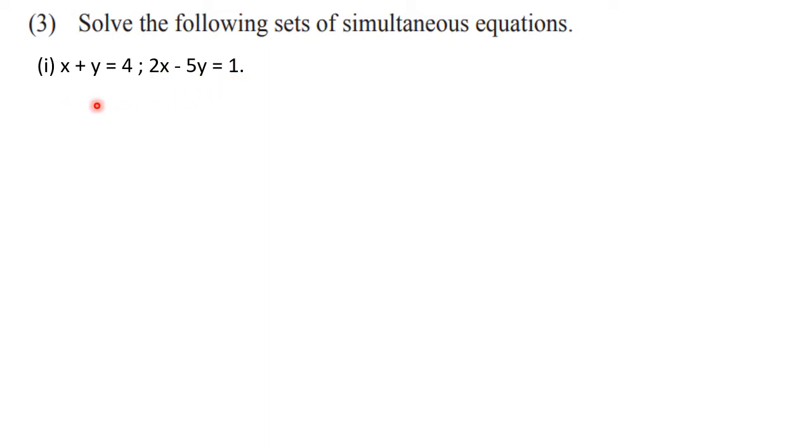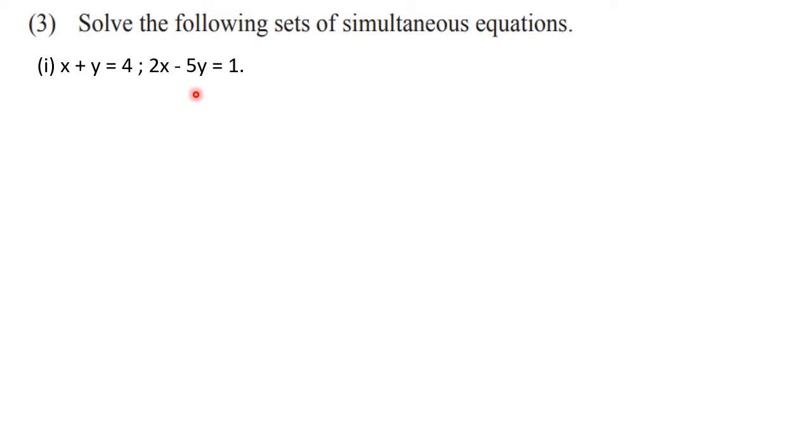Here the very first step is that you have to observe the given equations and check whether the equations are in standard form, that is ax plus by is equal to c. That means the variables x and y on the left hand side and the constant, that means the number, on the right hand side. So what we can find here is both the equations are in standard form.